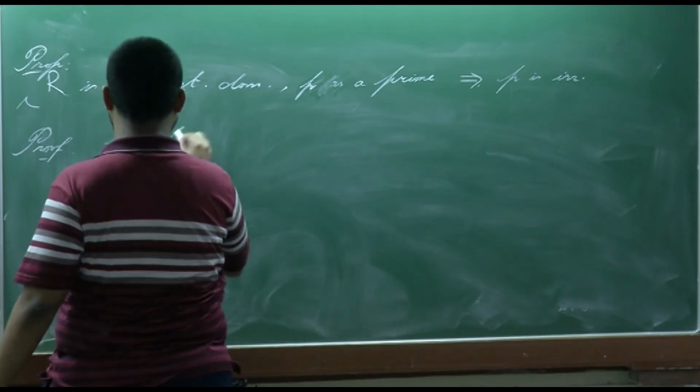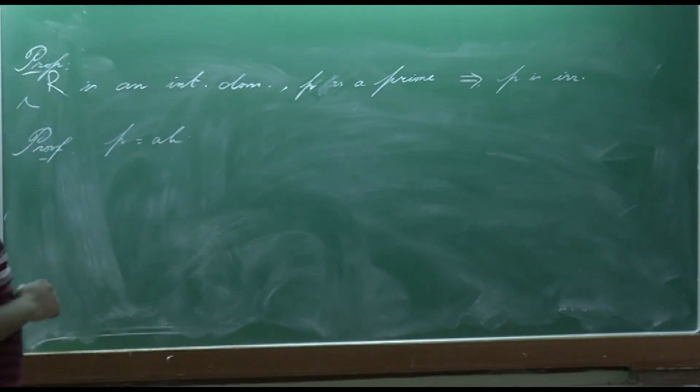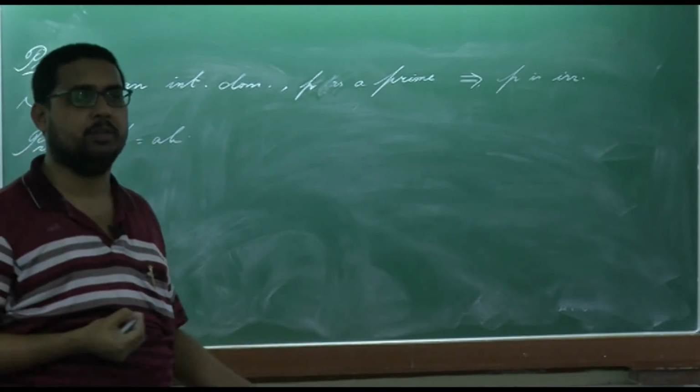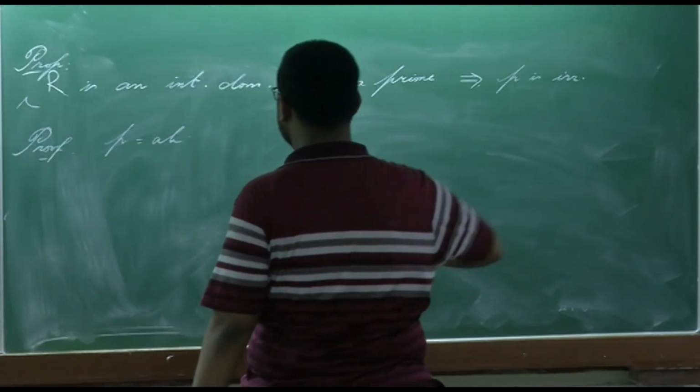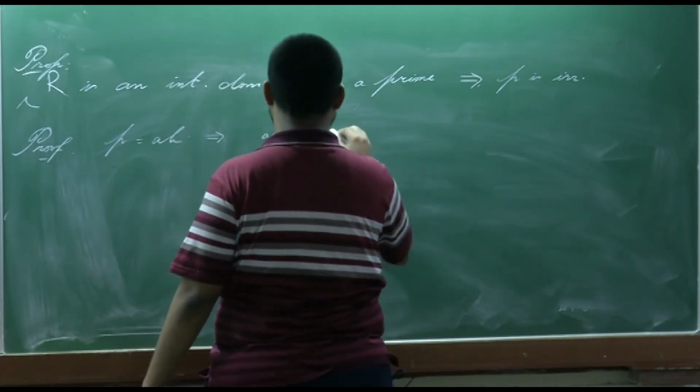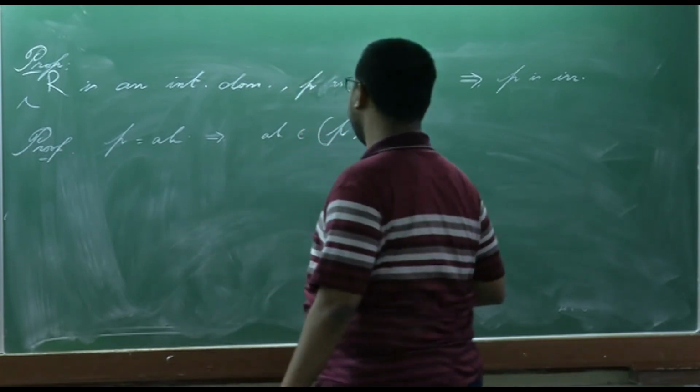Suppose P equals AB. You want to show P is irreducible, so if there is a factorization you have to prove that one of them must be a unit.